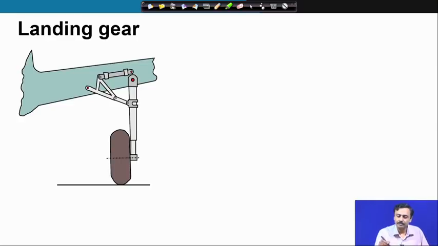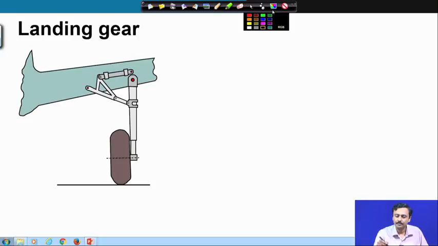So, here let me point out, look at these 3 hinges, they are marked in red, they are actually attached to the aircraft body. We will fix the aircraft body, we will consider the aircraft body to be the ground. So, we have 3 ground hinges.